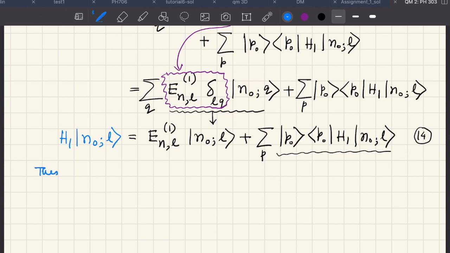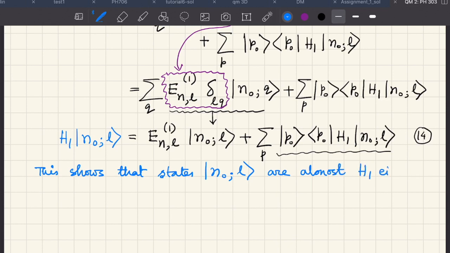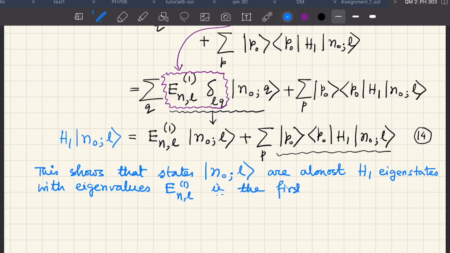This immediately shows that states N naught L are almost H1 eigenstates, with of course the eigenvalues ENL1, that is the first order corrected energies.